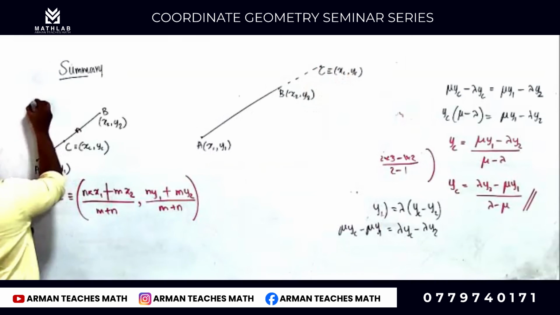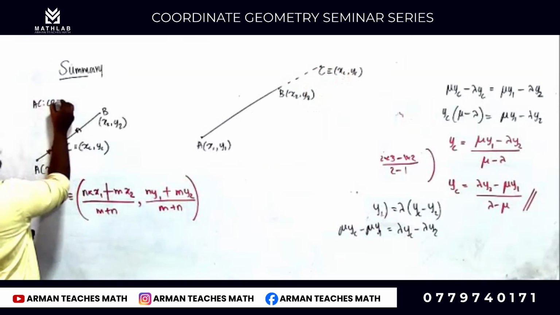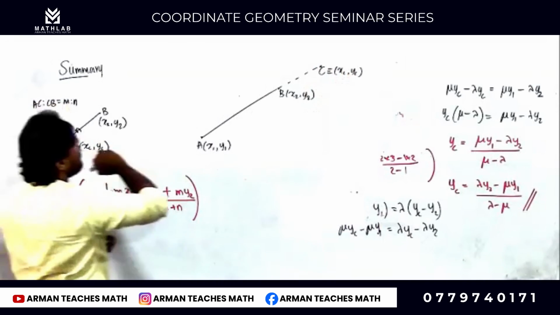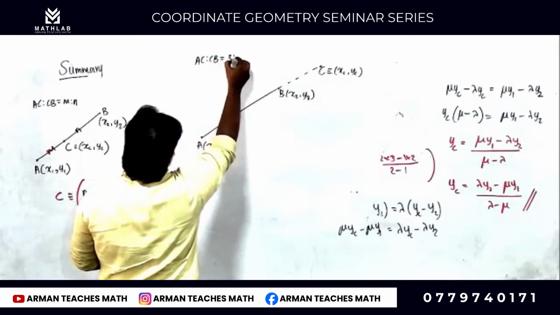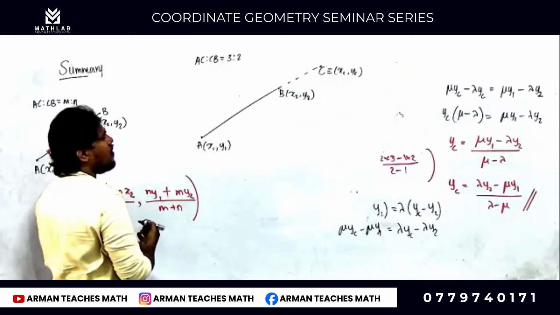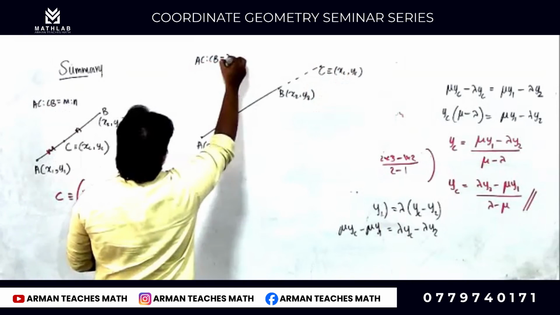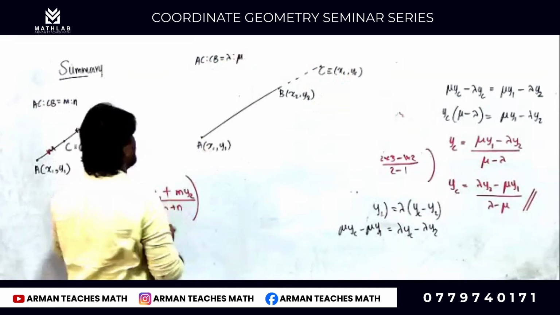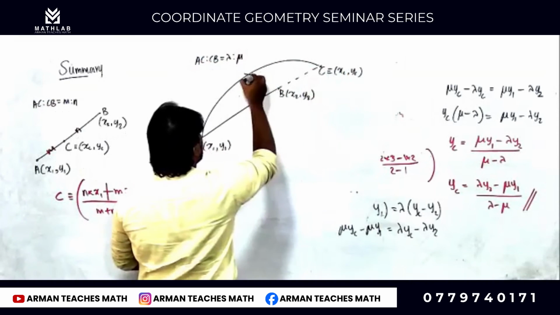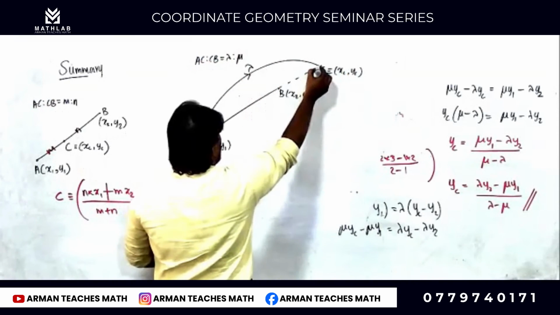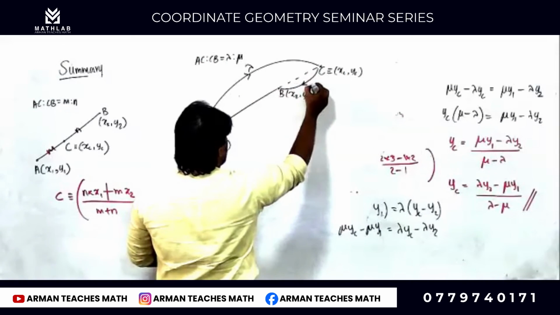Now here the AC to CB ratio is given, say 3 is to 2, or else let's just take it as lambda is to mu, which means A to C the ratio is lambda, C to B reverse, it's mu.